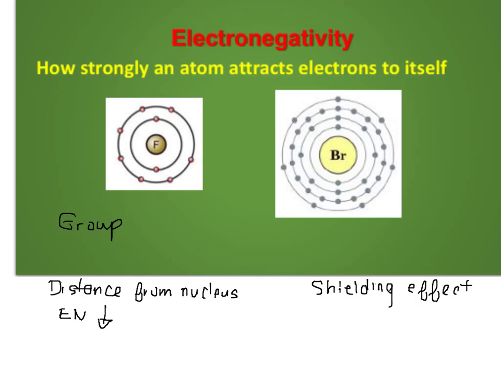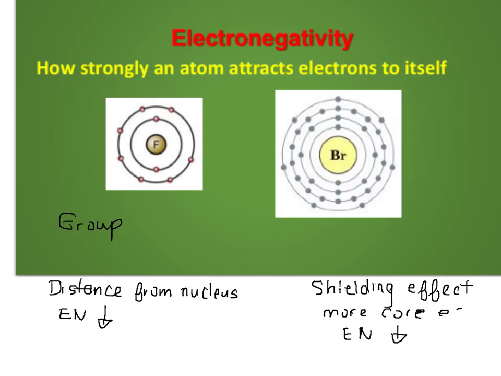Same thing with shielding effect. We have more electrons between the nucleus and the electrons. So as core electrons increase, so more core electrons, electronegativity will decrease.